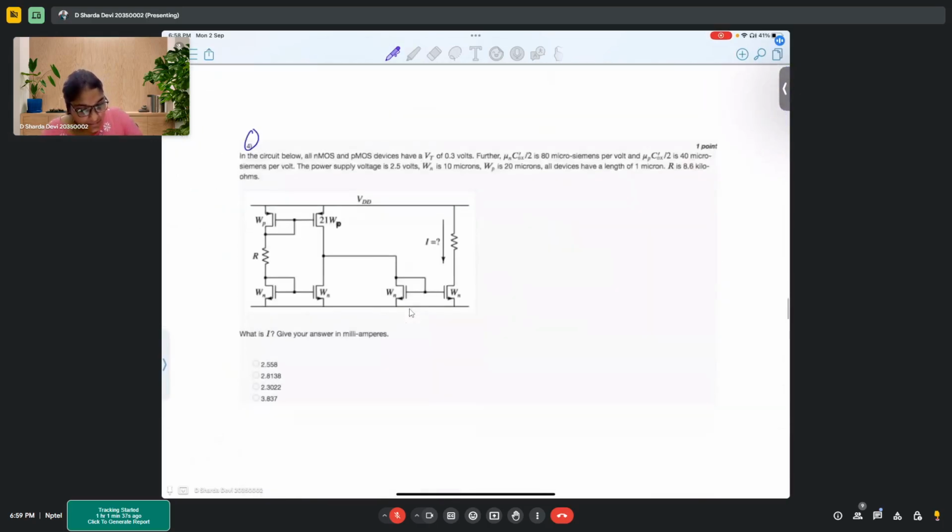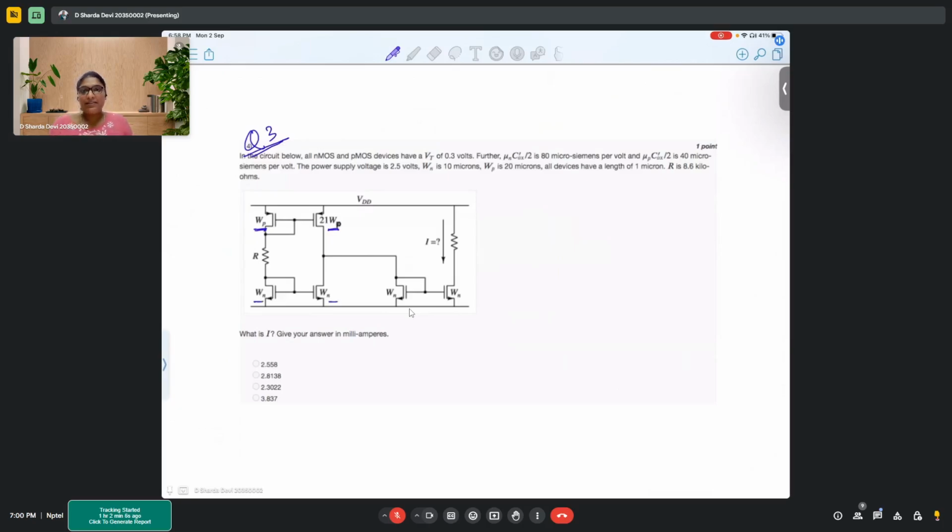So again, this is a question. In this particular circuit, again we have these mirror circuits. This is basically a mirror circuit, or we can say a current multiplier circuit. Now it will depend on the factor of W and P. Here you can clearly see that it is Wp, here it is 21 times Wp, and here Wn is Wn.